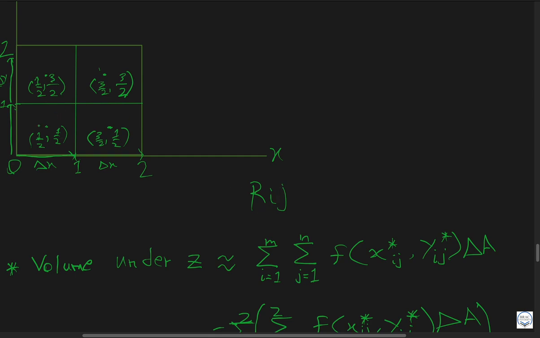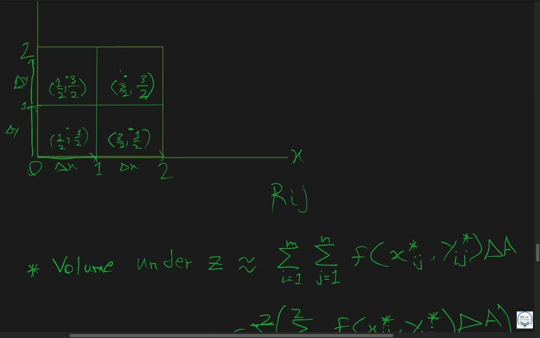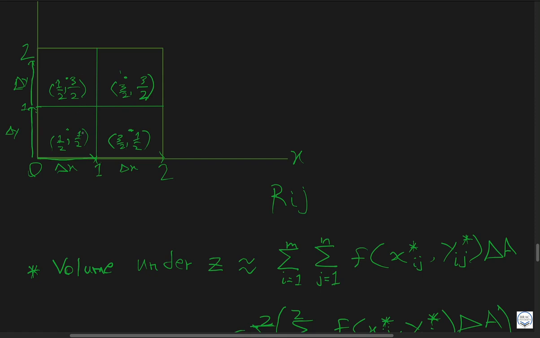Now before we find the star coordinates, we should label our regions in the form Rij, where i indicates how much we are towards the right and j indicates how much we are towards the top. And the first one, which is R11, is always the lowest left corner. Here the lowest left corner is this particular region. So this is R11.